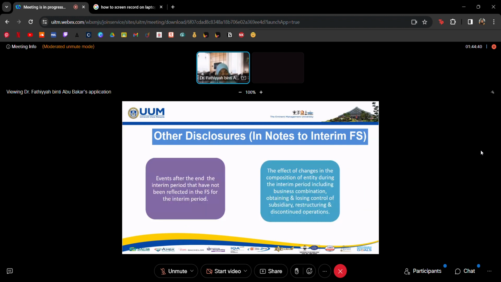Events, this one is very important. Events after the end of the interim period. So something happens, let's say after the first quarter, something happened to one of your plants, so you have to disclose. This one is part of your events after the balance sheet date, or in this case events after the interim period.